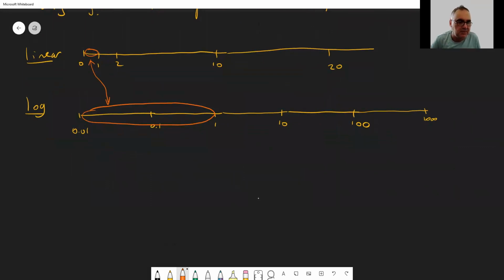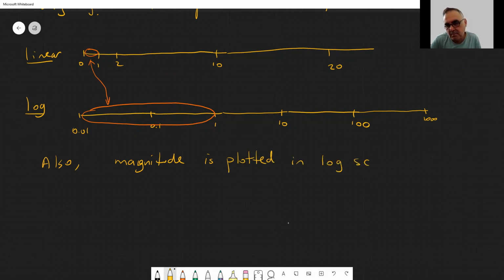Secondly, the magnitude is plotted in the logarithmic scale, and the phase is plotted in the linear scale.